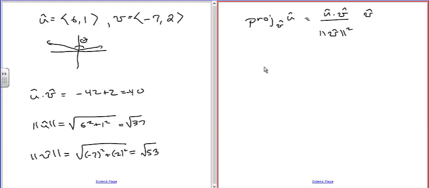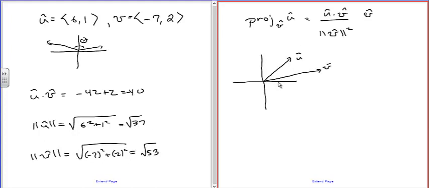Okay, so I'm going to make up one here. So let's say we have here's vector u, and here's vector v. So I'm going to make vector v longer.